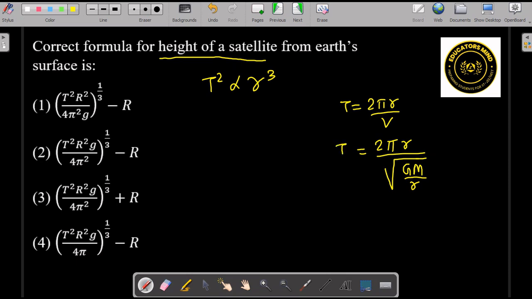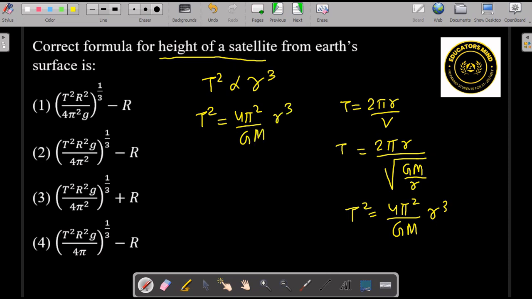Time period. If you square this, time period square becomes 4 pi square by GM, R cube. So this relationship you should know, that when you remove the proportionality, the constant is 4 pi square by GM. But here of course R is equal to capital R plus height.